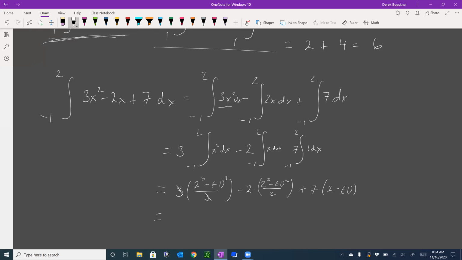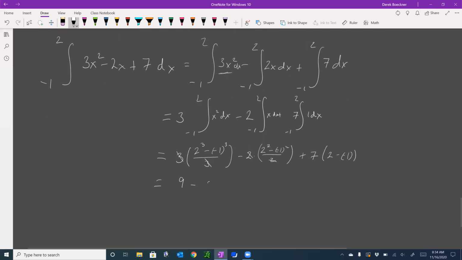I've got 8 minus a minus 1, which is 9. The 2's cancel, that's kind of nice. And then I get 4 minus 1 is 3. And then I've got plus, the 7 doesn't cancel with anything in this case, but 2 minus 1 is 3, so times 3. So this is going to be 6 plus 21 is 27.